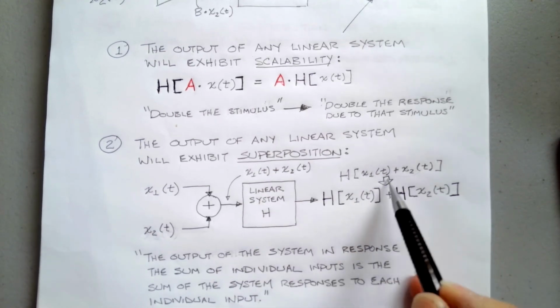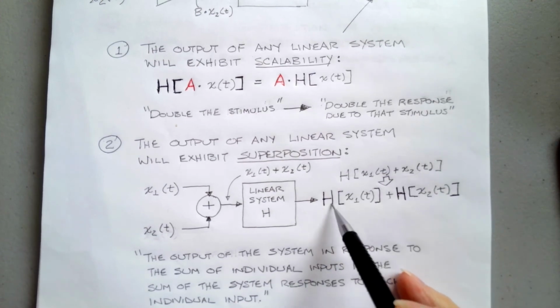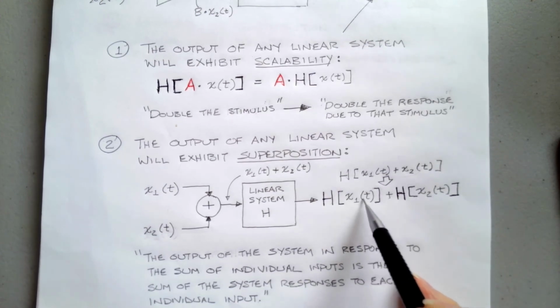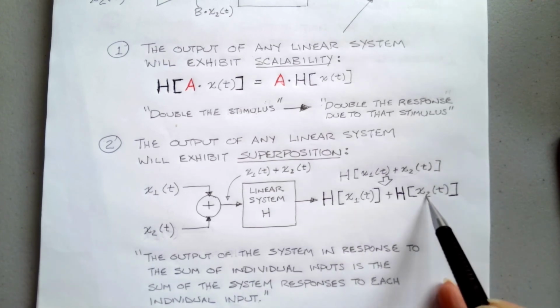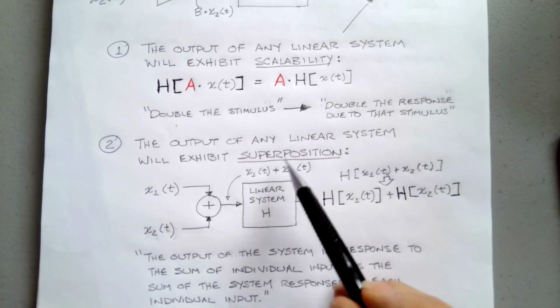It turns out that the output due to the sum of the inputs is the sum of the outputs or responses if you just had each individual input. They call this superposition.